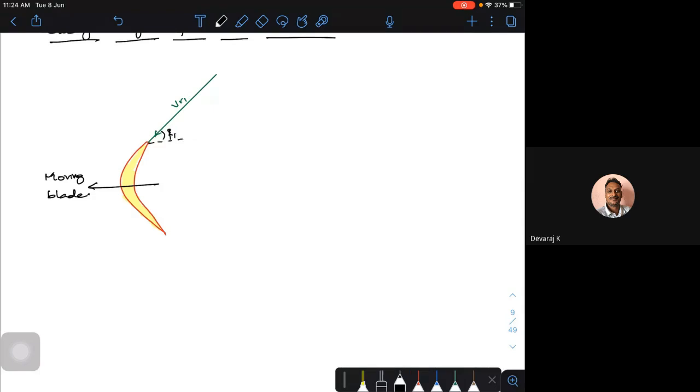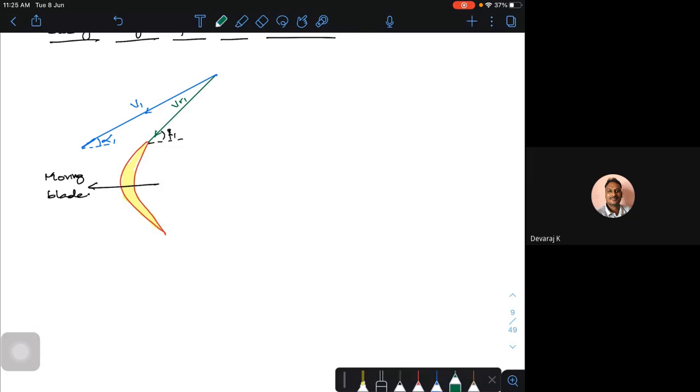Now there is what we call the absolute velocity, which is a little bit longer. Absolute velocity is the velocity with which the jet enters the blade. So this is V1, at the angle alpha 1.